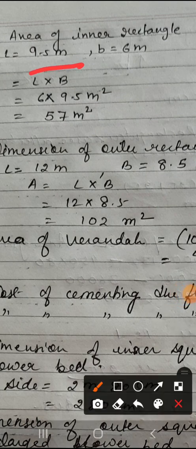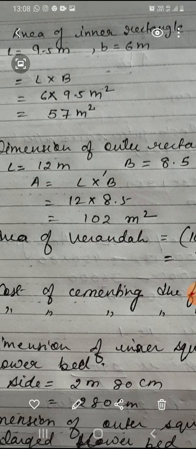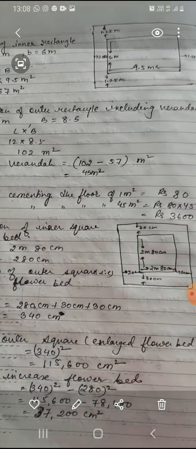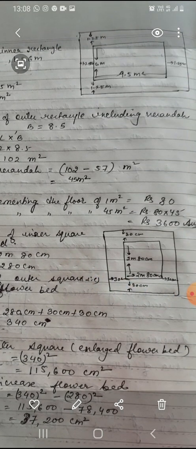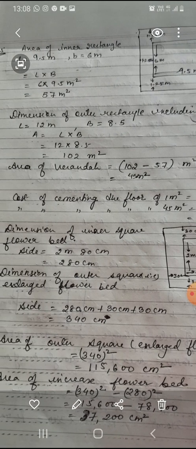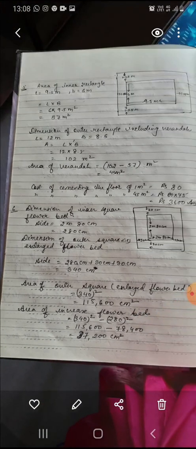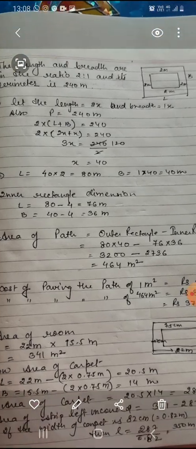So outer will be 12 meter, and then 6 is this, so this is 8.5. Okay. So here we can do, and then area of this, length into breadth, subtracting this, and then cost of finding the cement. Here also the same type of question, inner dimension is given, outer dimension we have to add. So 30 centimeter I have added for the outer part, and the same for the rest of the questions.